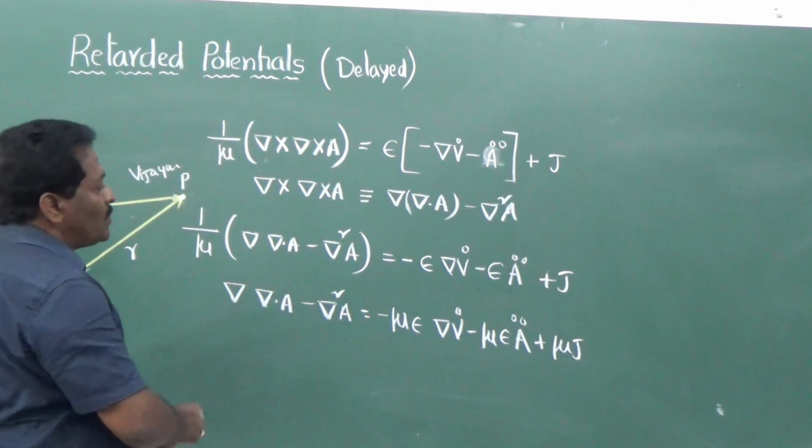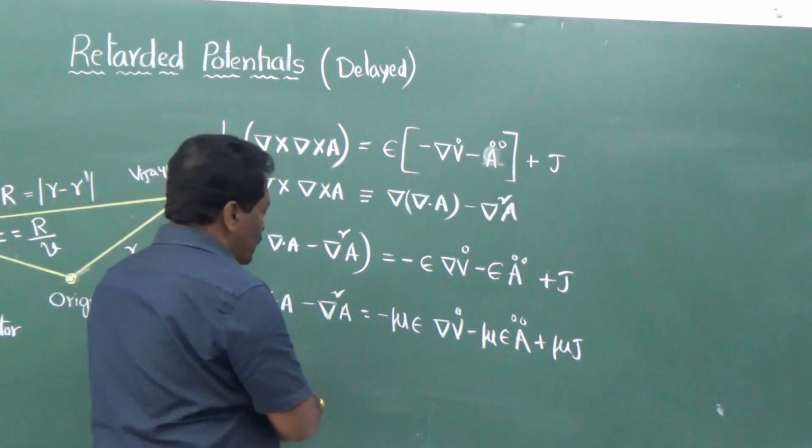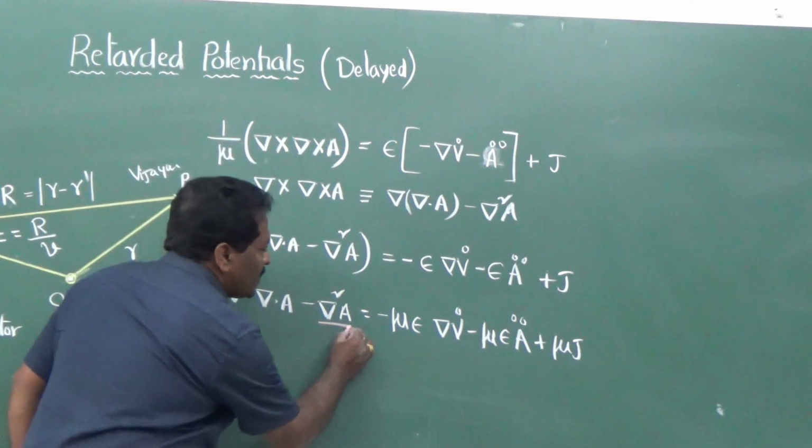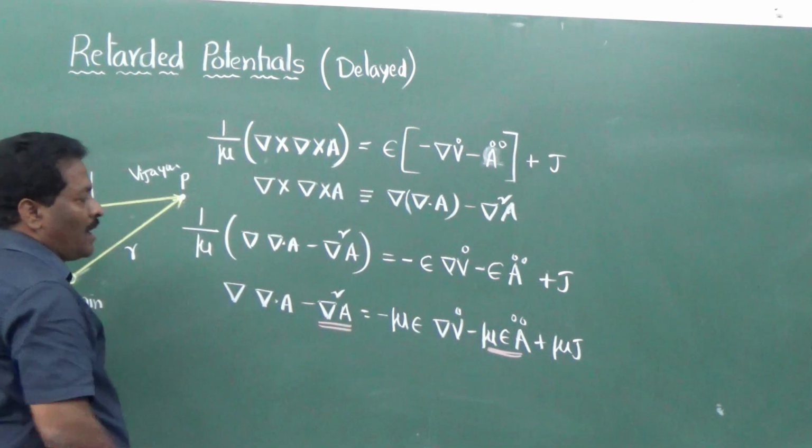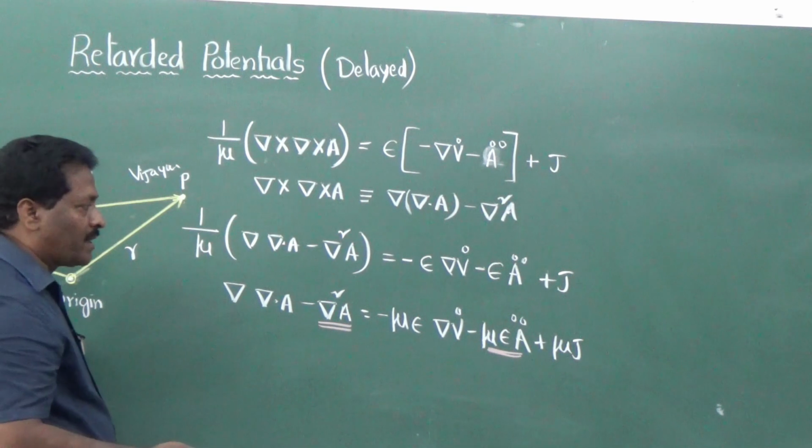Now I would like to arrange the terms. I want to take the terms del square A and mu epsilon A double dot on one side and the remaining terms on the other side.